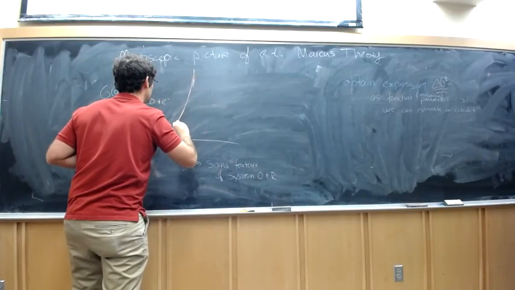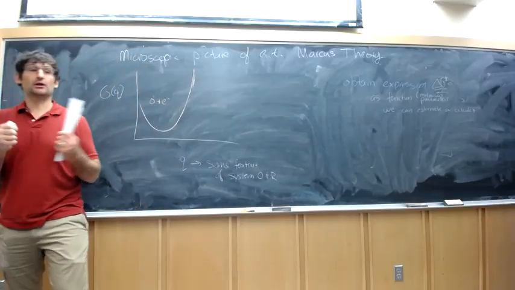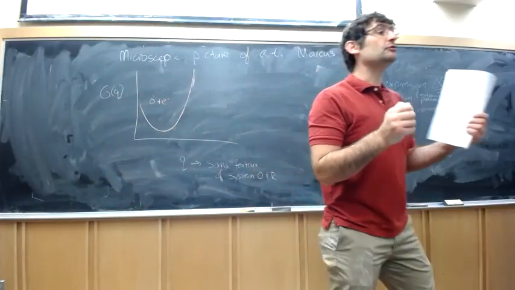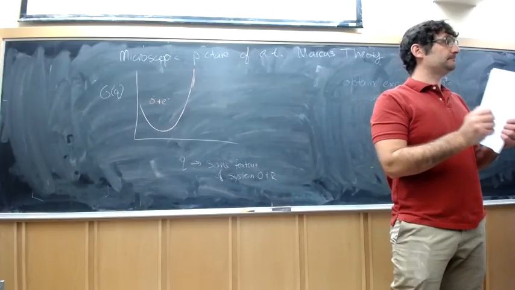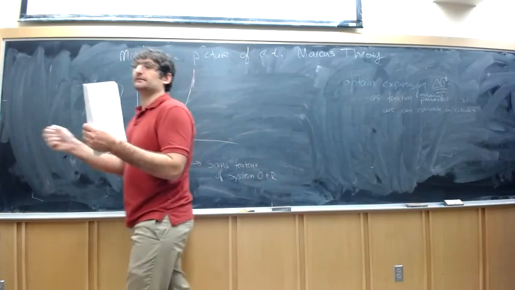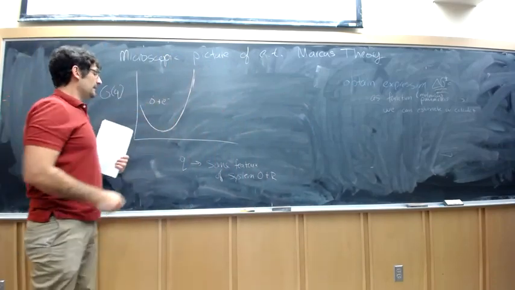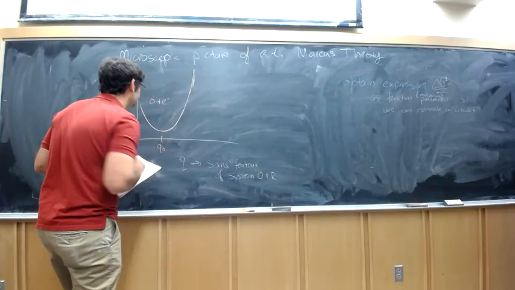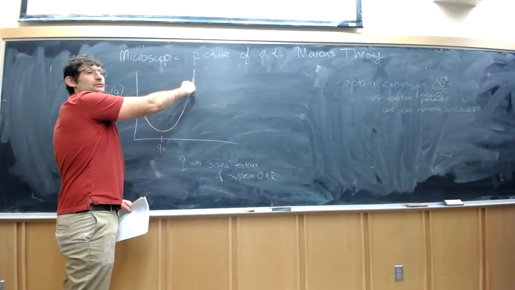It's a parabola because it's representing a harmonic oscillator, a ball on a spring, which is a physical model for two nuclei bonded together in the vibrational mode of two atoms, right? If you have two atoms bonded, they're vibrating, and we can plot the energy of the system as some function of the difference between the equilibrium position and some other Q position between the two atoms.